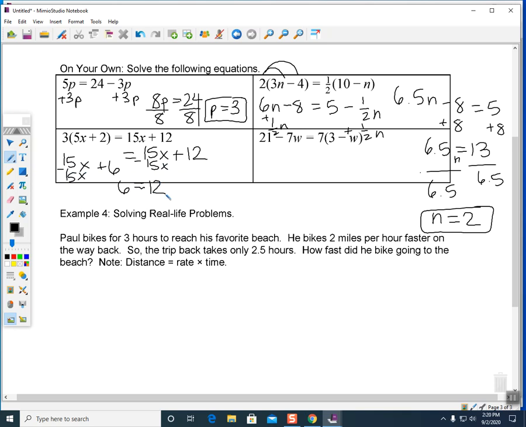Does 6 equal 12? No, it does not. So this is no solution.